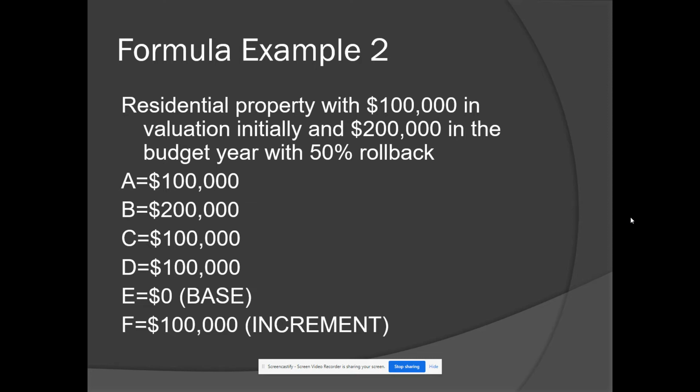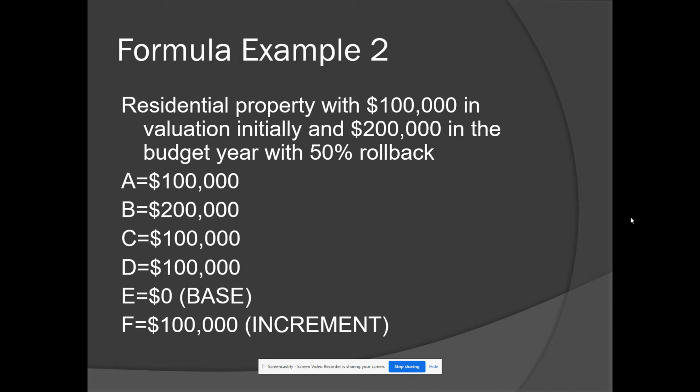Again, $100,000 in the frozen base year. So that was our value initially. Say a couple of years later, we're calculating this in this budget year, this residential area is now valued at $200,000. So $200,000 in the budget year, and our rollback amount is 50%.